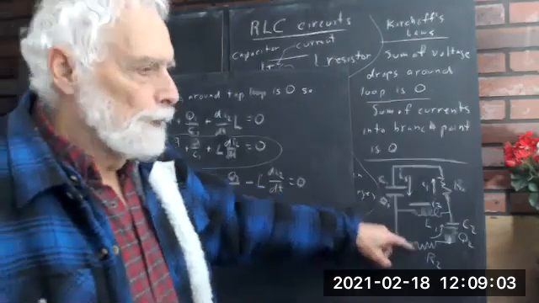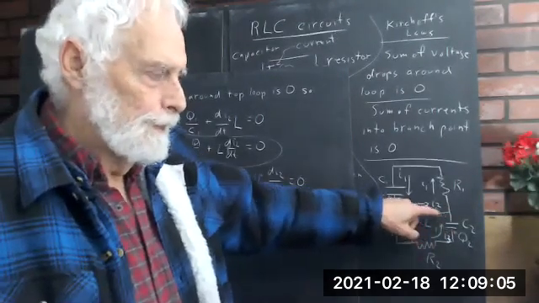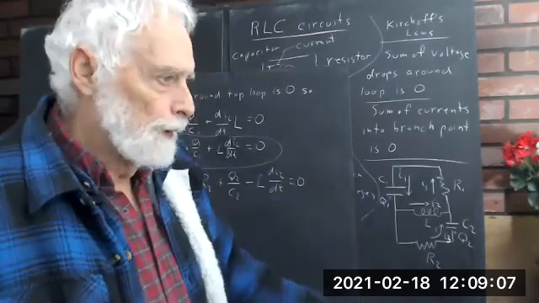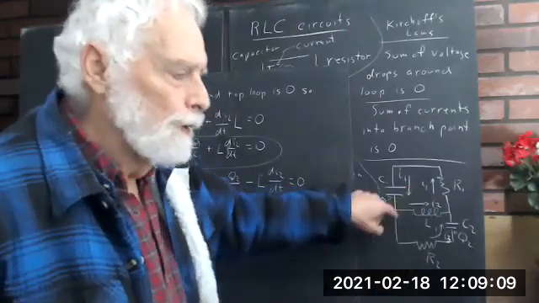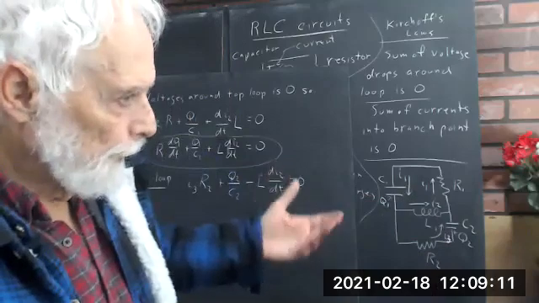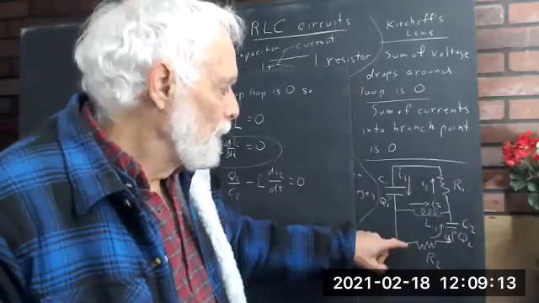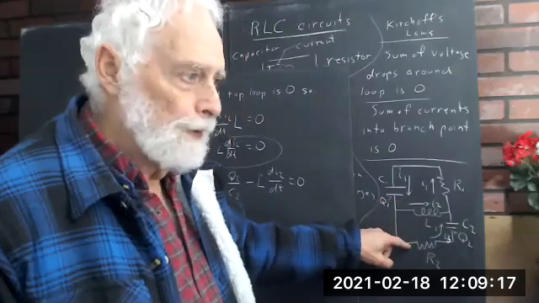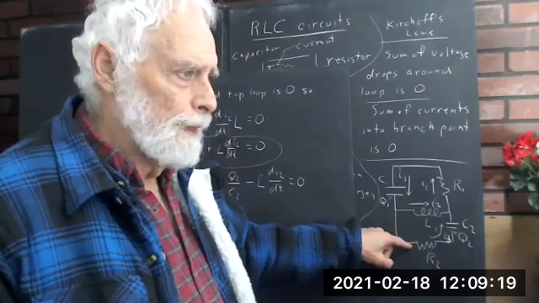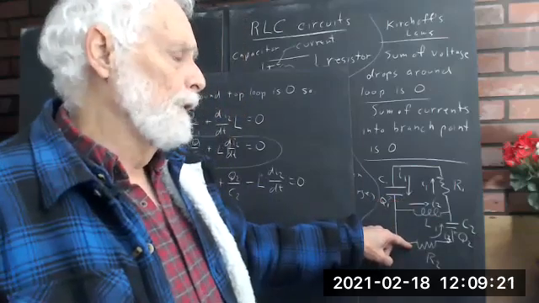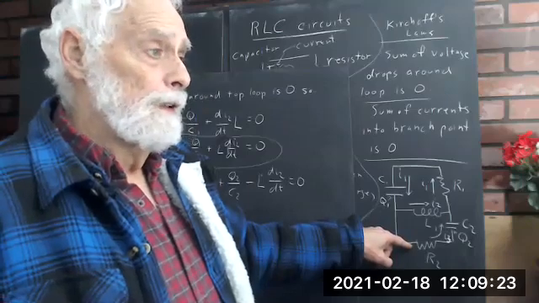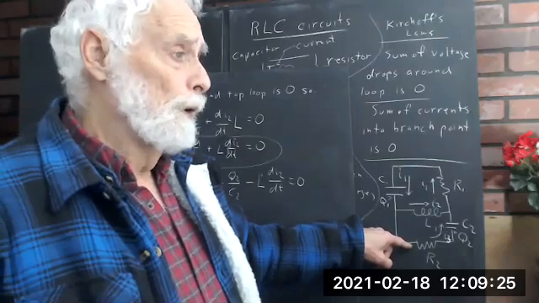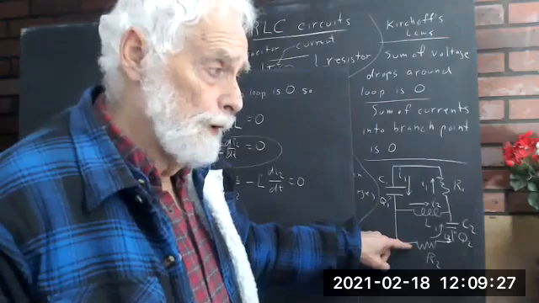We have to choose a direction around the loop. Just because I've got this current going this way doesn't change the direction around the loop, because remember what we're saying is that from any point in the loop around the circuit back to that point, because of the conservative nature of the field, we do no work, so there's no voltage change.